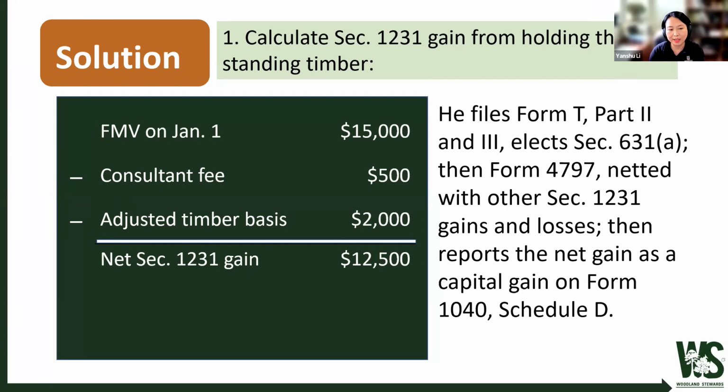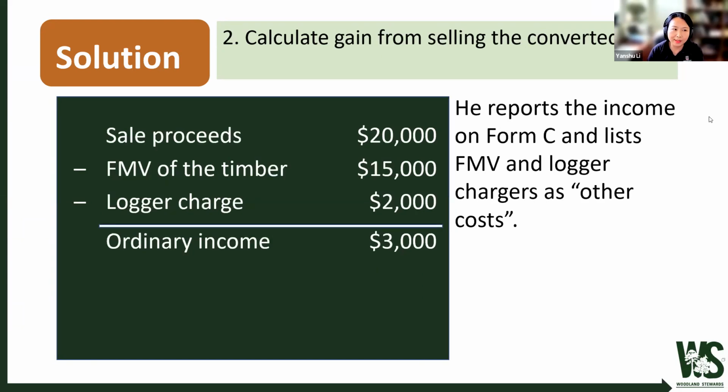It's treated as capital gain. And then the second part of the profit is the difference between the price he received from the mill minus the fair market value of the standing timber on the first day of the year, and then minus what he paid the logger, and the difference is $30,000, and that is subject to the ordinary income tax rate.